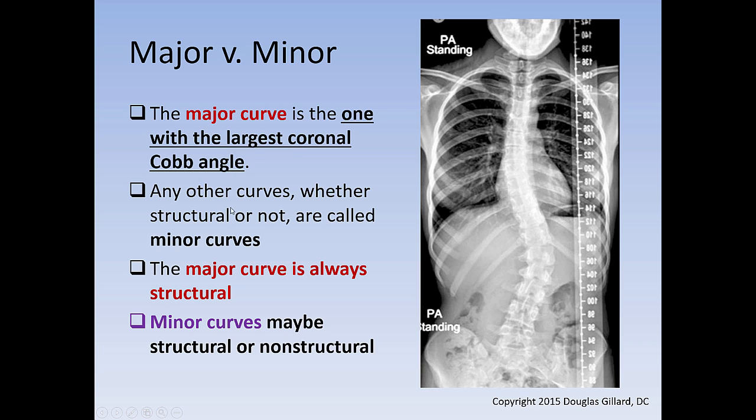And according to the traditional system, the major curve is always considered structural. So if the patient only has one curve and it's big, you can assume you don't even have to do lateral bending. You can assume that it's going to be structural if it's a Lenke 1. Minor curves can be structural or they can be non-structural.